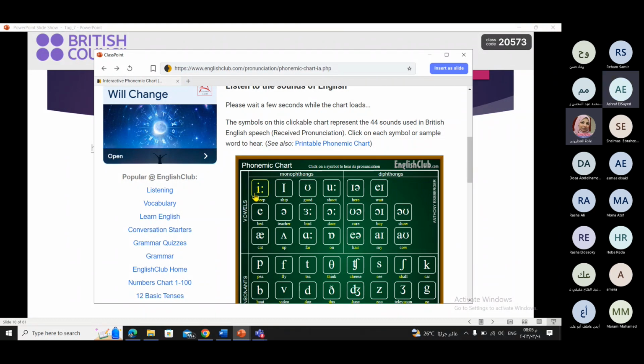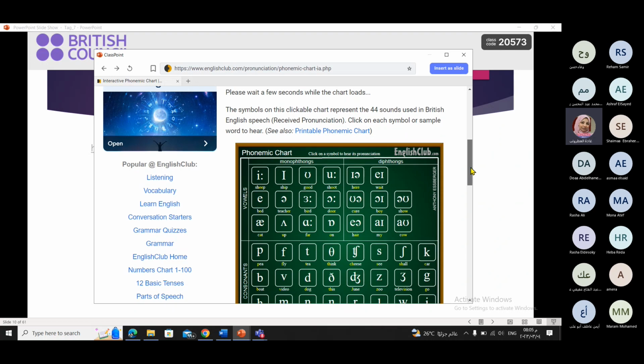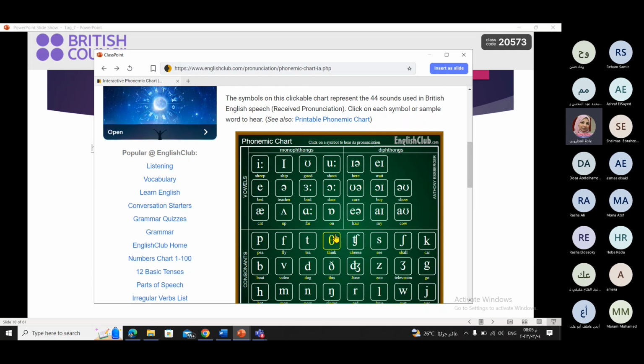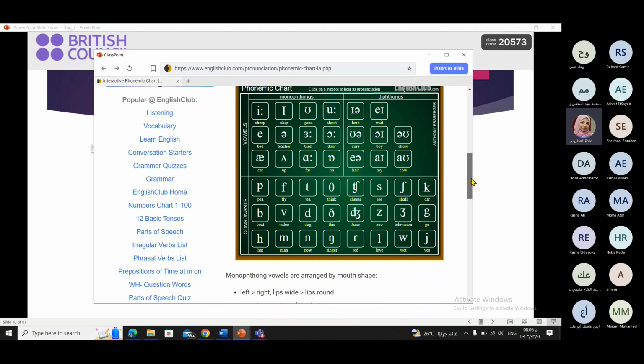So let me show you here that, as we said, we have 28 letters or 26 letters, but we have 44 phonemes in English. All of them are there as you see them here. They are divided into vowels and consonants.